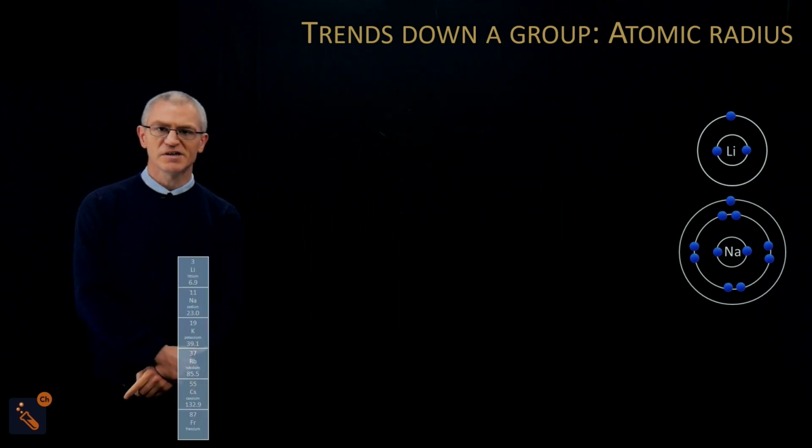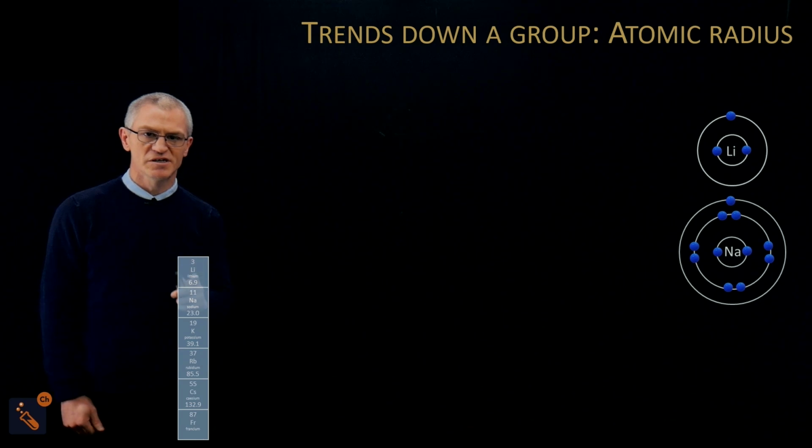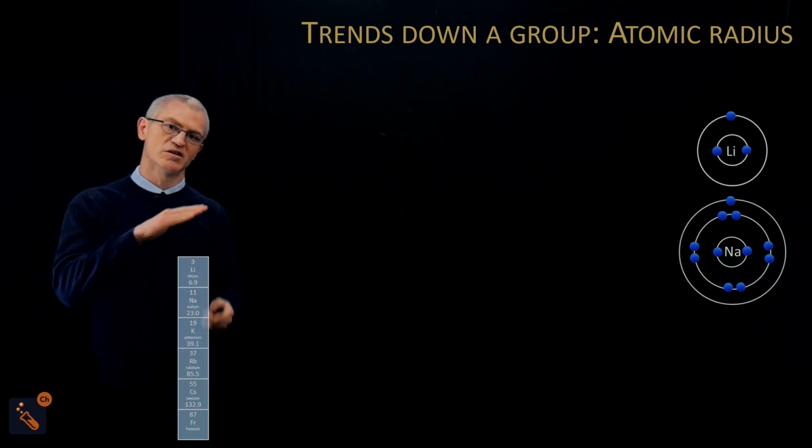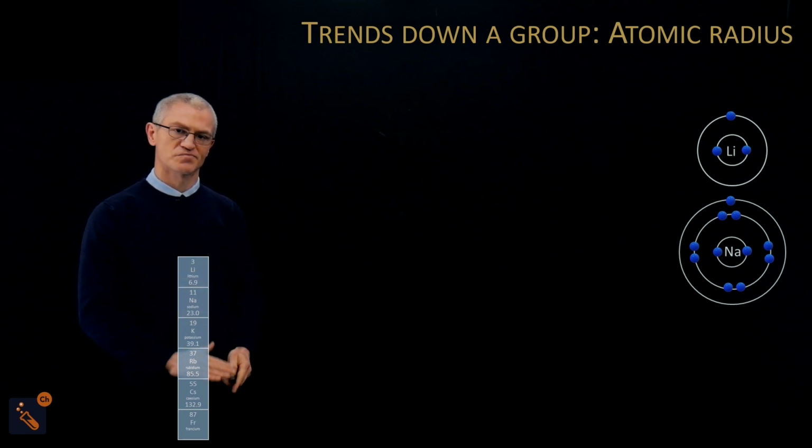If we continue this process and go all the way down, every single time you go down a block in the group, you add 1 more shell. So by the time we get to the bottom here, you go 1, 2, 3, 4, 5, 6. So we have added 6 shells as we go down. Each time we go down, we add a shell.